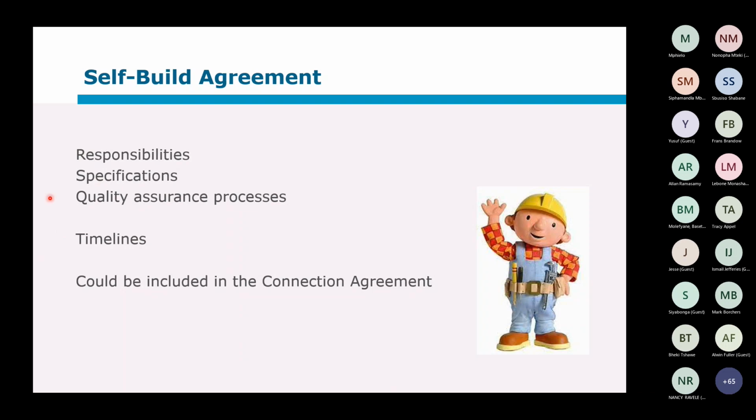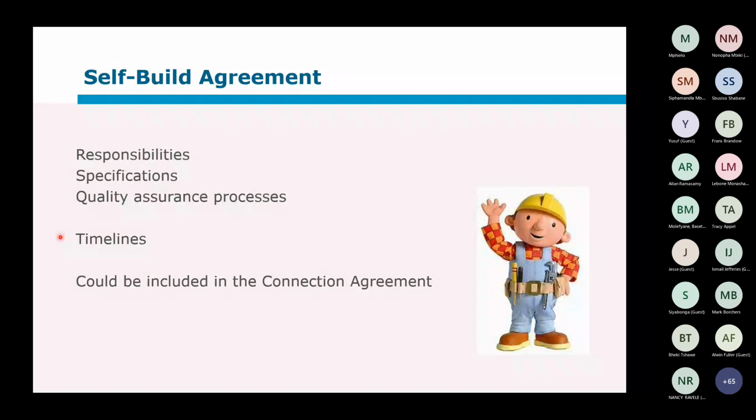Then a self-build agreement, we've discussed this quite a bit. The idea would be to make sure that everybody understands the responsibilities, what specifications would be required, and how would the quality be ensured, as well as possible timelines.